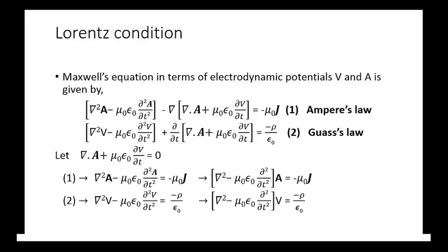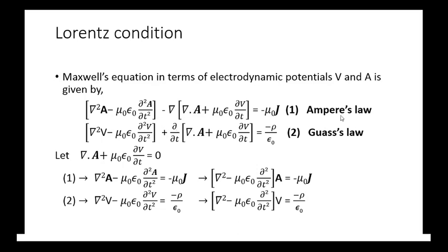Moving on to our next topic, Lorenz condition. So Maxwell's equation in terms of electrodynamic potentials V and A is given by, this is the equation which we had derived now.